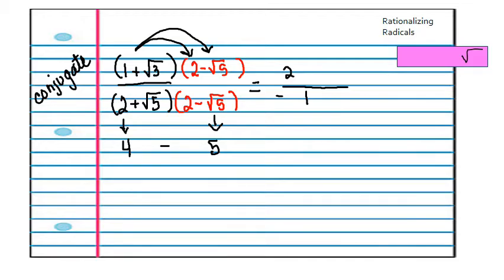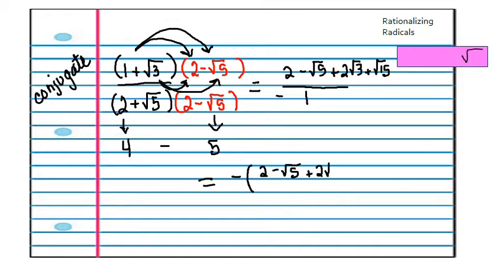And we get a 2 and a minus square root 5, and then plus a 2 square root 3. And then the square root 3 times square root 5 gives us a square root 15. Our final result would be maybe a negative. You can throw the negative out front, it just looks a little prettier. And there's nothing inside here to combine as a like term.